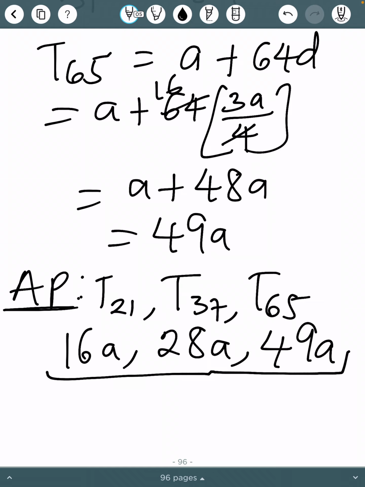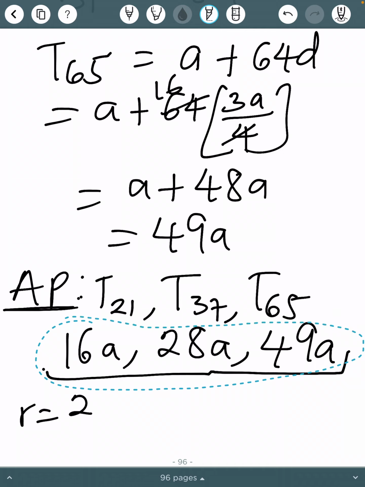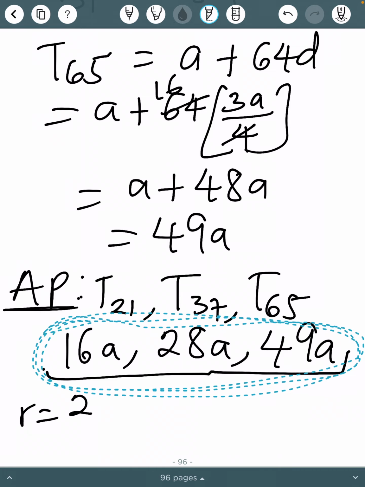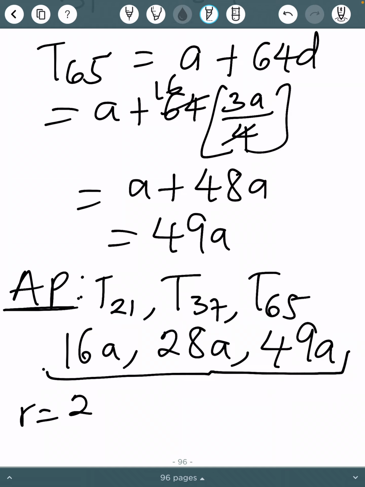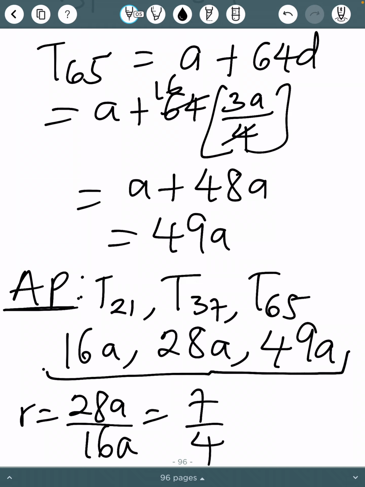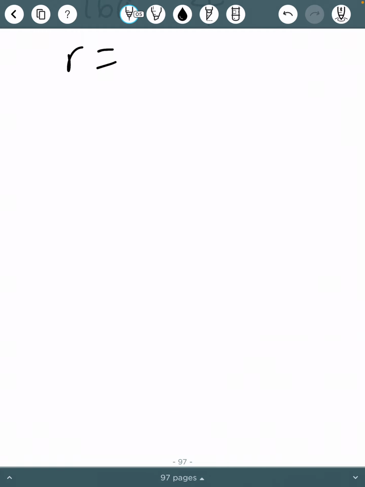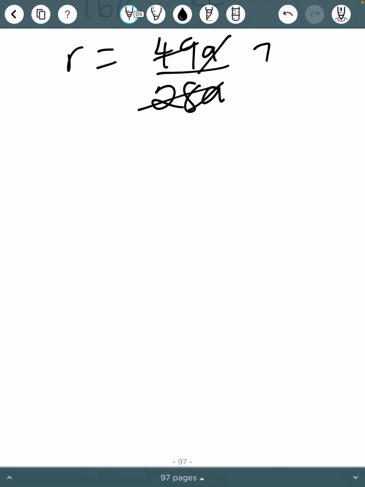7 over 4. Now, if these three terms of my arithmetic progression form consecutive terms of a GP, what it means is that the common ratio of that GP will be r is equal to 28a over 16a, which will be equal to 7 over 4, or r is equal to 49a over 28a, which will also give me 7 over 4.